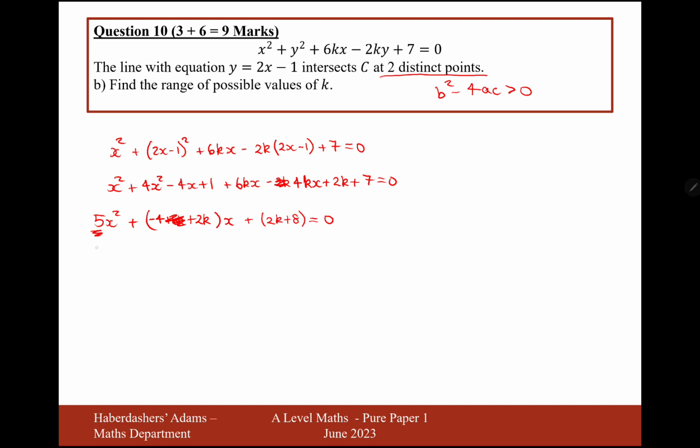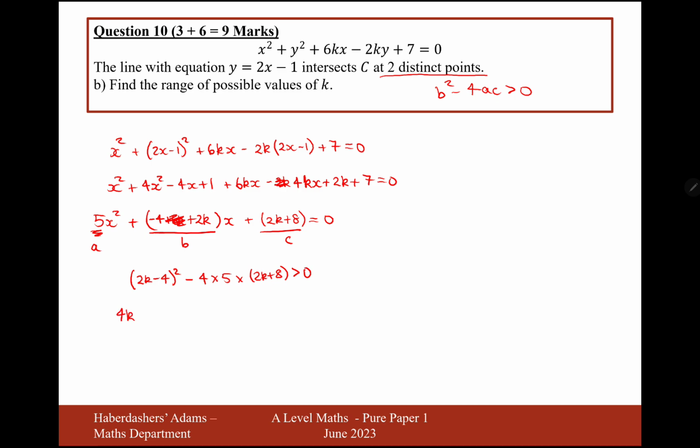Okay, so now we've got our expression for a, we've got our expression for b, and we've got our expression for c. We're now going to apply b squared minus 4ac is greater than 0. So (2k minus 4) squared minus 4 times 5 times (2k plus 8) is greater than 0. So let's expand the brackets now.